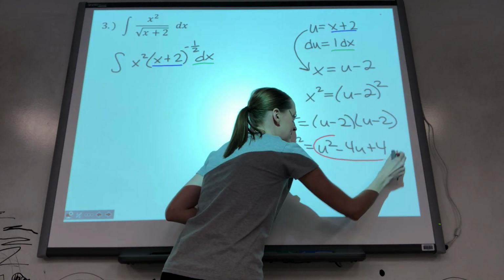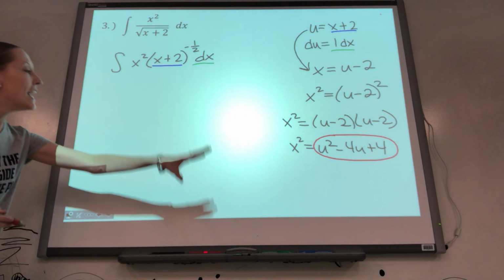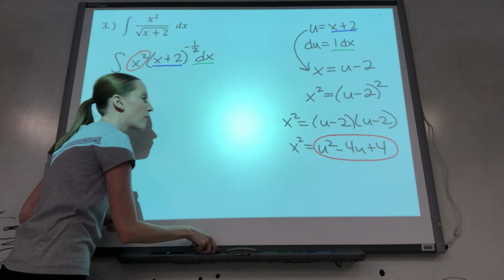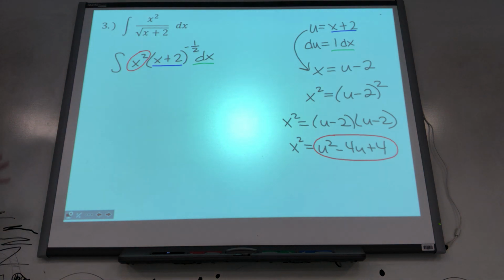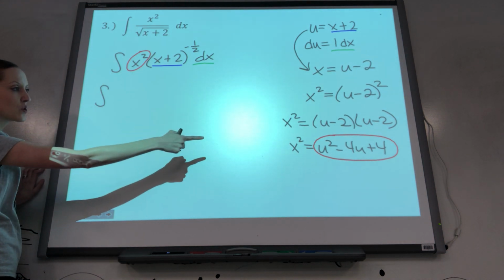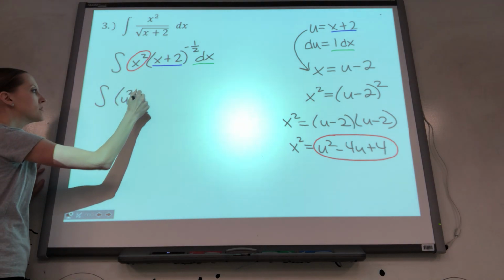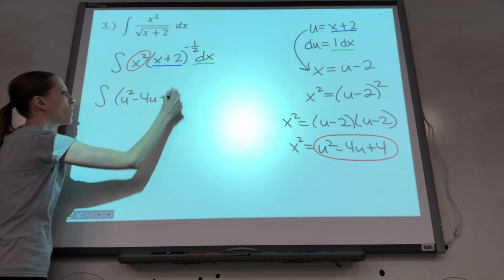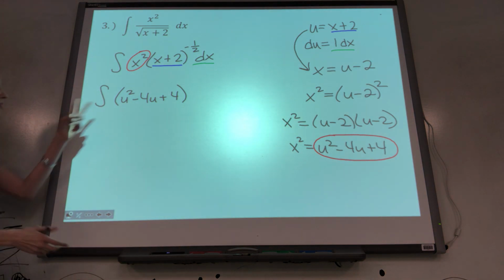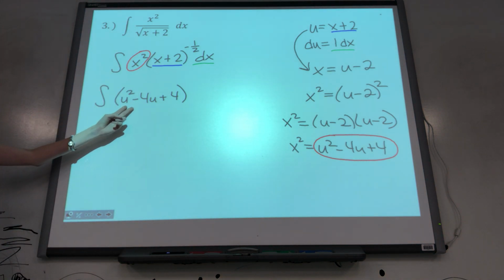So this quantity is what I plug in right here for x squared. Got a lot of colors up here, but now it says, instead of x squared, u squared minus 4u plus 4. That is x squared.